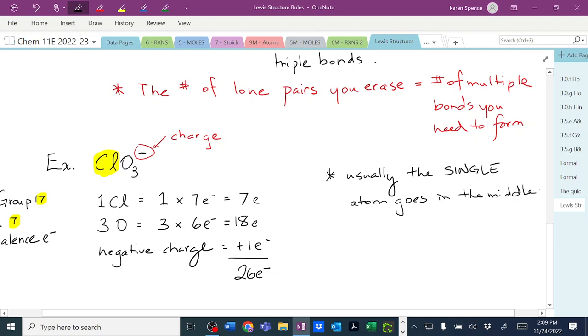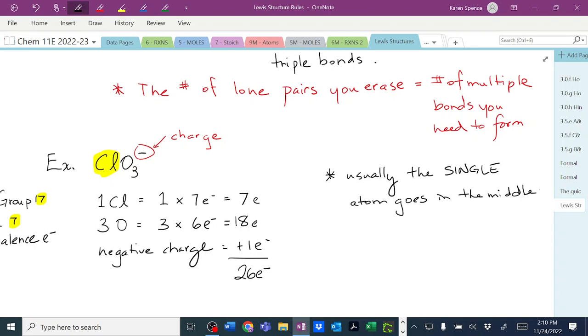Now, chlorine can do this. It can go in the middle because it is in row 3 and lower. Fluorine would never be able to go in the middle because it is in row 2. What does row 2 lack that elements in row 3 have?